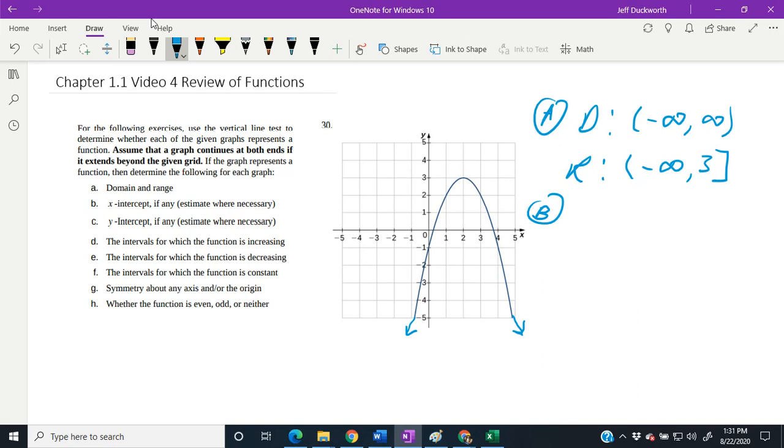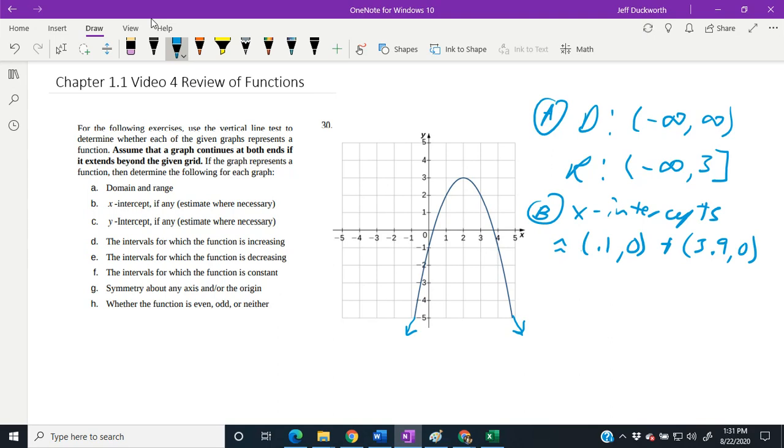So those are the points for our x-intercepts, or thereabouts.